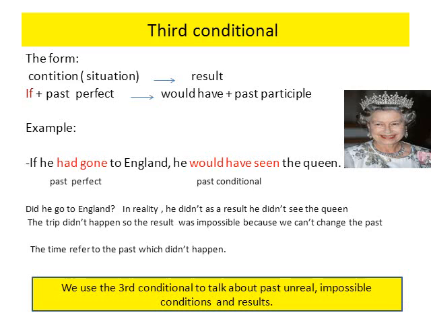In reality, he didn't. As a result, he didn't see the Queen. The trip didn't happen, so the result was impossible because we can't change the past. The time here refers to the past which didn't happen. We use the third conditional to talk about past, unreal, impossible conditions and results.